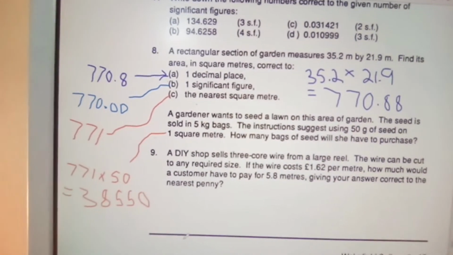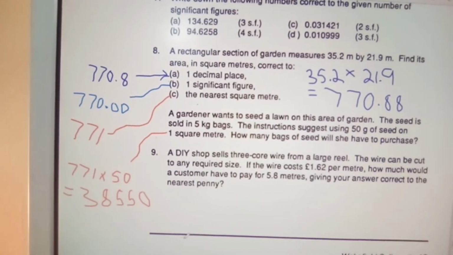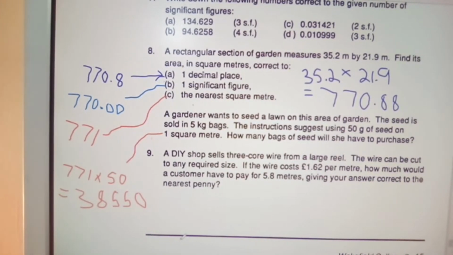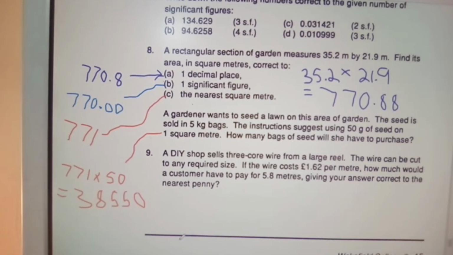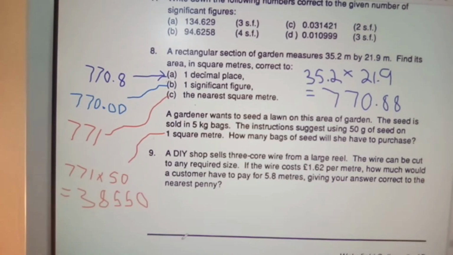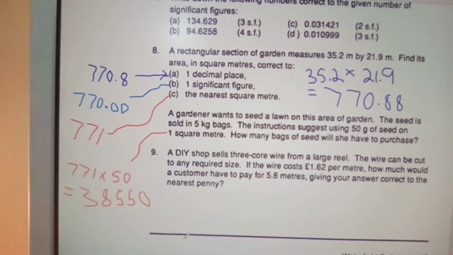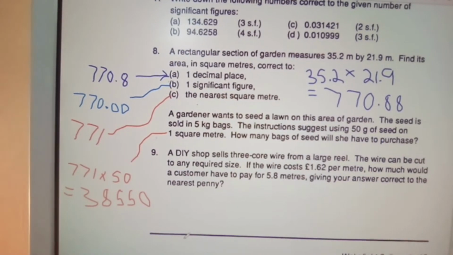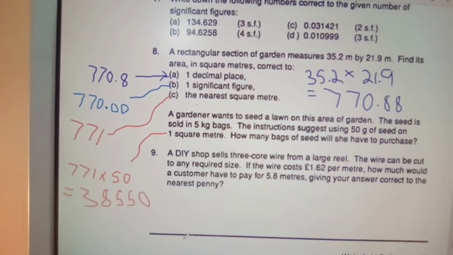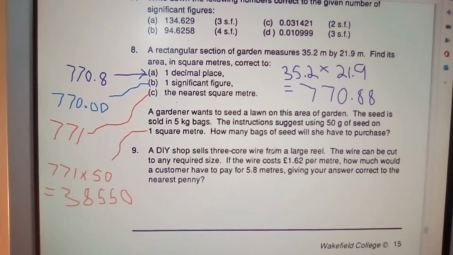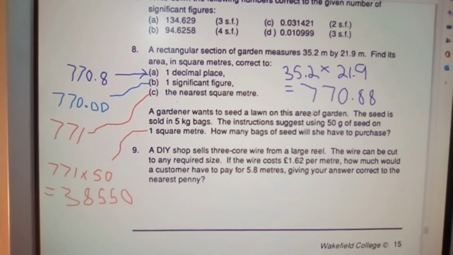Okay, so we then have to divide that by, sorry, again I want to see the lawn on this area. The seed is sold in 5 kilogram bags, and he's got an area of 771 square meters.